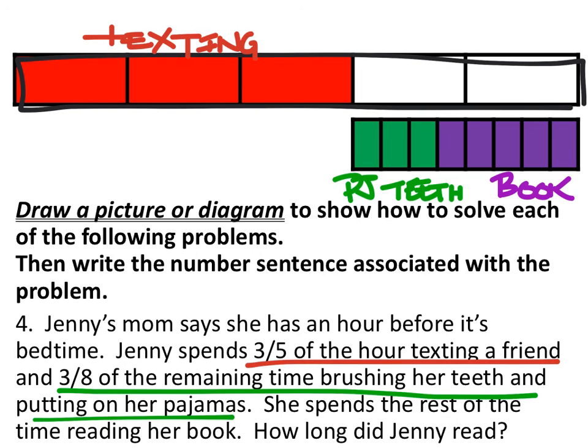How long did Jenny read? Well, I didn't really say the units, so if you guys wanted to keep it in hours, that's probably what I'm going to do. Though I think this would work. Maybe not. We'll see. These are all split up into equal parts, by the way. Remember, this kind of corresponds with this.